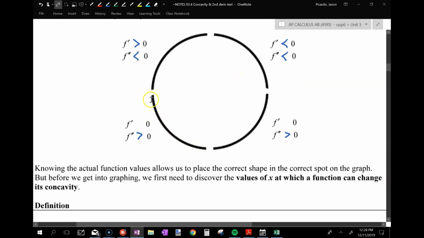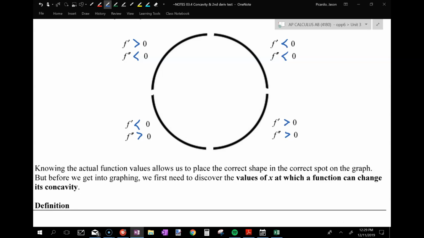What's this curve doing from left to right? Getting smaller, so the first derivative would be less than 0. In this piece, left to right, it's getting larger, so it is increasing, and the first derivative is greater than 0. So far, so good?